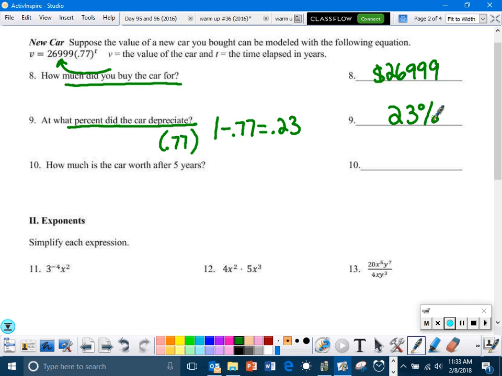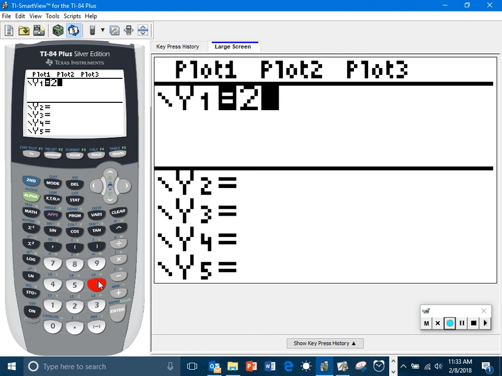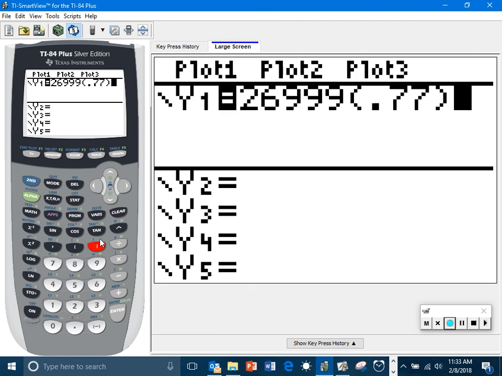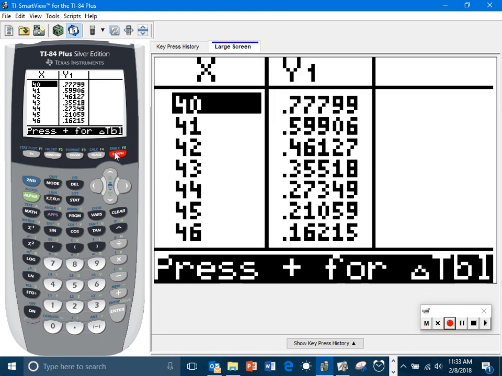All right, so how much is the car worth after 5 years? So again, we're going to go to our y equals. We're going to type in $26,999, and we're going to multiply that by the 0.77 raised to the x power. And we're going to go to our table. And I'm going to jump back to the 5.